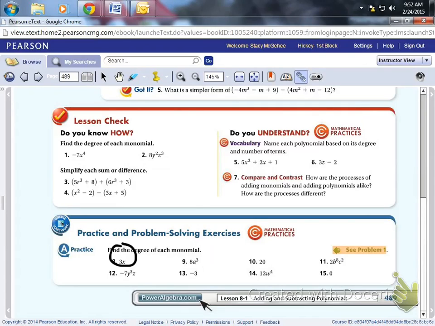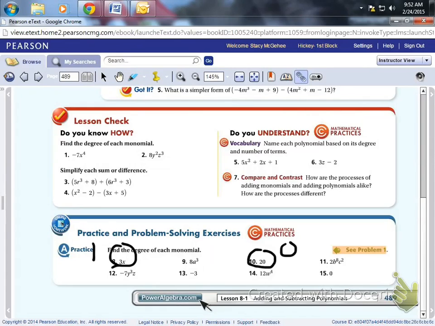So the degree of number 8 would be 1. Number 10 is a whole number, 20. So when you've got a whole number 20, I just told you, exponents are only found on variables. So if it doesn't have a variable, it doesn't have a degree. So number 10, your degree would be 0.